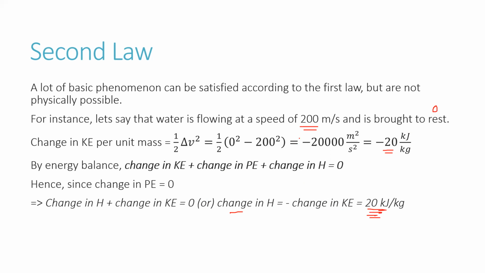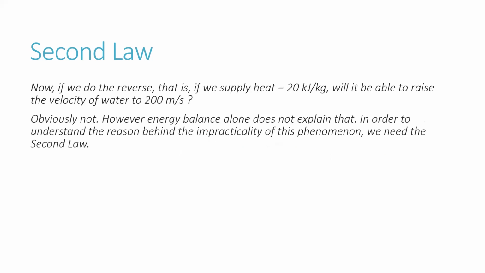All right. This is what we get, that if we reduce the velocity from 200 to 0, then in that case, the enthalpy change would be 20 kilojoules per kg, which is fine. So if we reduce the velocity from 200 to 0, then the enthalpy would increase by 20 kilojoules per kg.